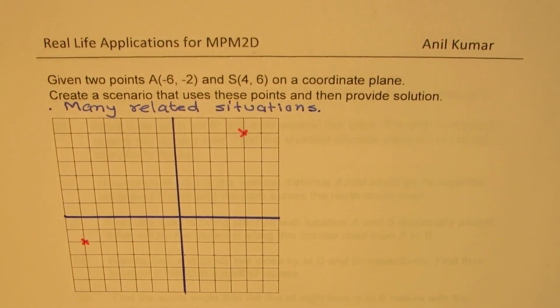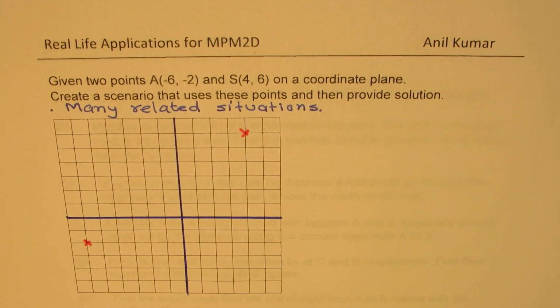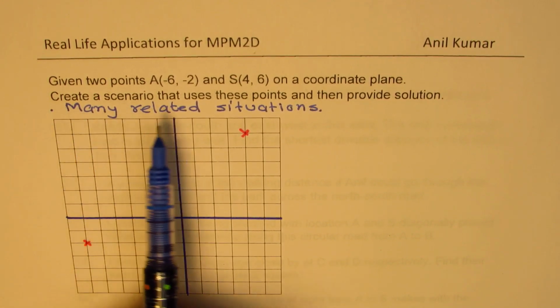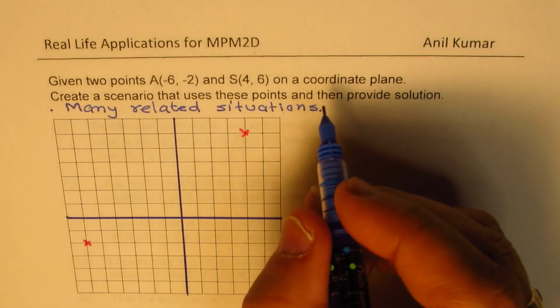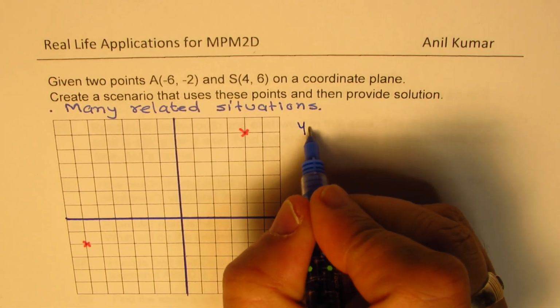Now, when we talk about related situations, it becomes very simple to understand, and you can actually develop on that and take it to the next level, right? So the idea here is I'm giving you many related situations, and now you take it to the next level.